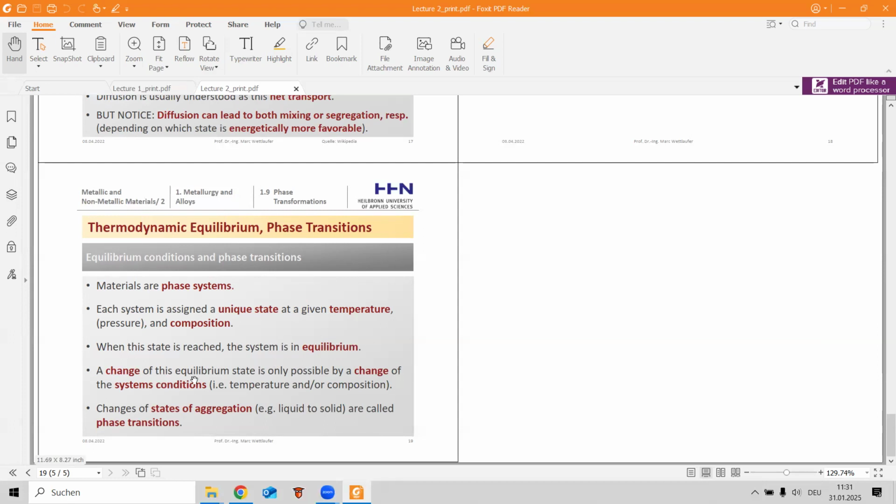A change of this equilibrium state is only possible by a change of the system conditions, for instance temperature and/or composition. Changes of states of aggregation, for instance liquid to solid, are called phase transitions. Phase transitions are changes of states of aggregation.